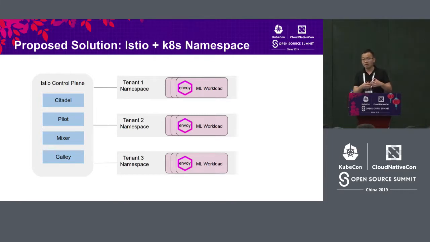We'll talk more about how Kubernetes namespace can be leveraged to do resource and workload isolation. Then Istio auto-injects Envoy to each workload, along with the Istio control plane. Istio provides the security, traffic management, and observability you need to manage these machine learning workloads.